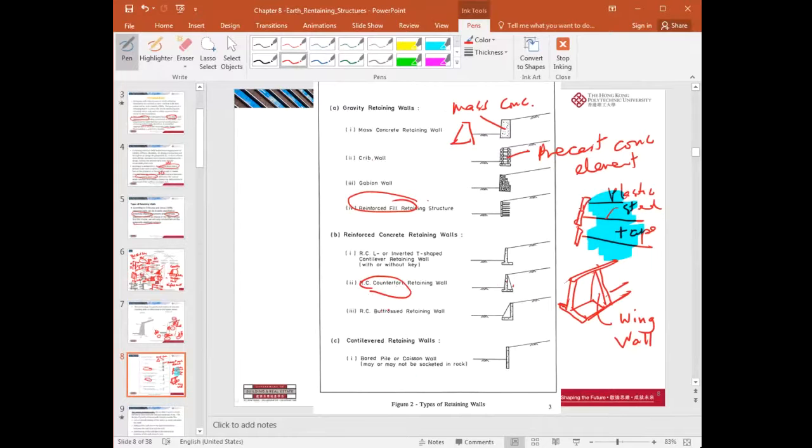If it's in the front, it's the buttress. They are both 扶壁, buttress, 扶着. And here's the cantilever retaining wall.